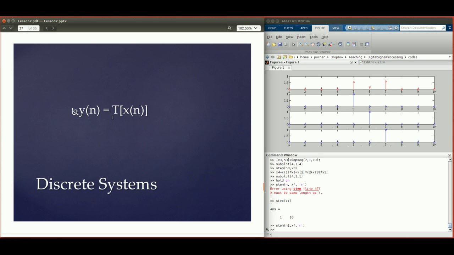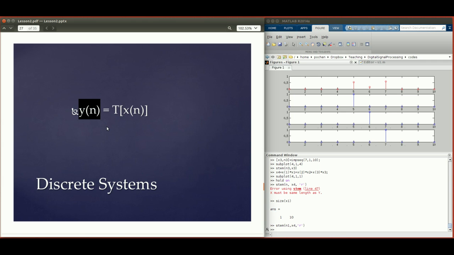You can think of a system as a black box where you take an input sequence xn, and then it's going to return an output sequence yn. And it's quite an abstract representation. So you don't really have to care about what this system actually is. All you care about is what's going to go into the system, in this particular example xn, and what's going to come out of this system, in our case yn.